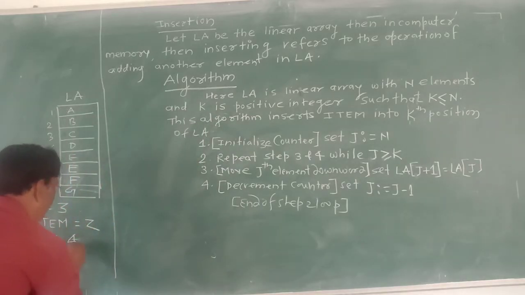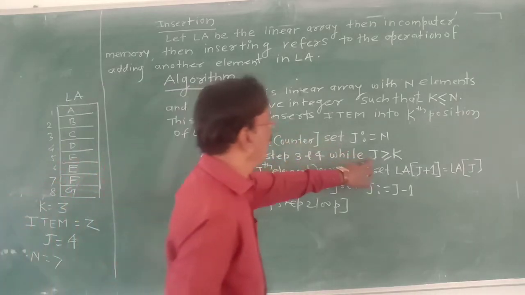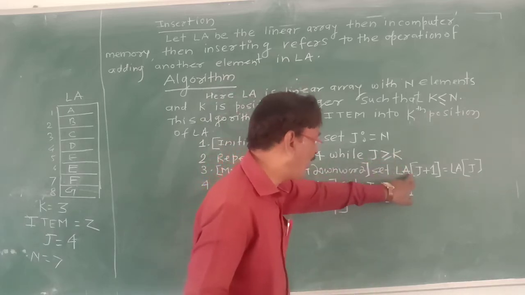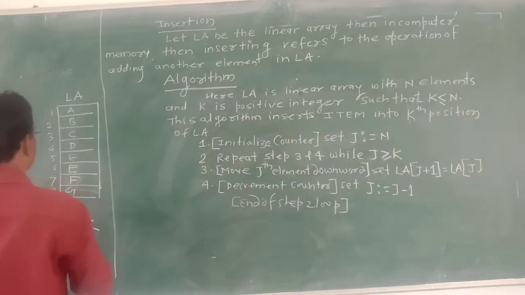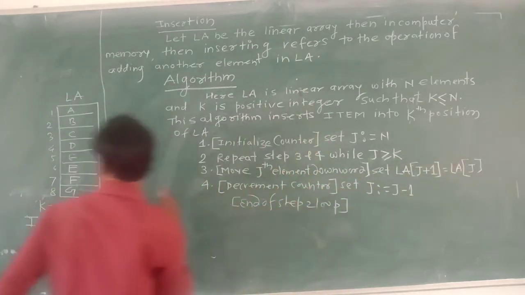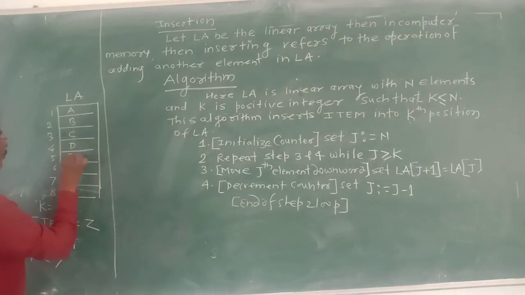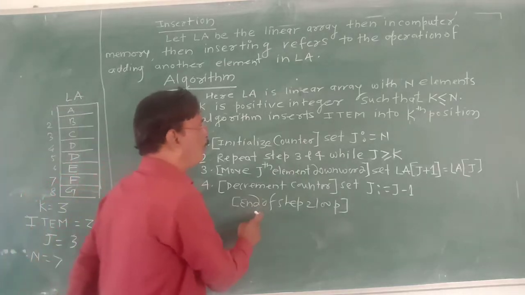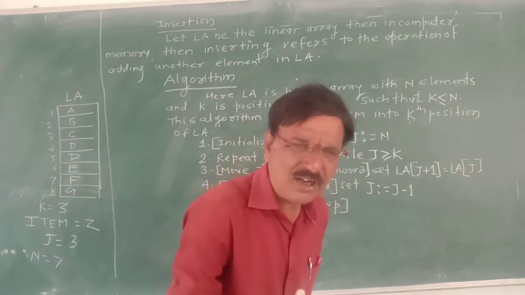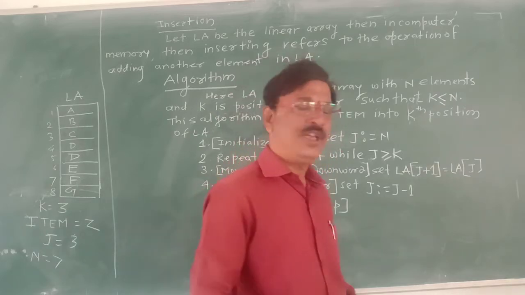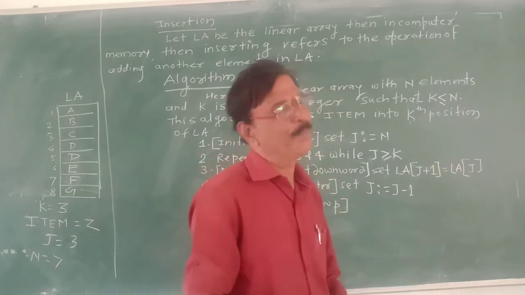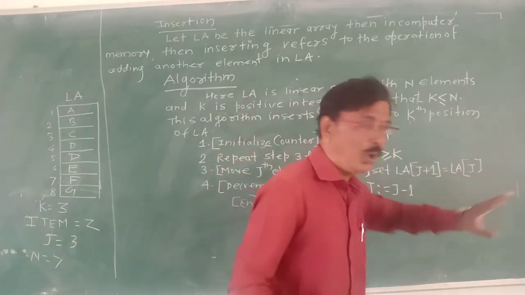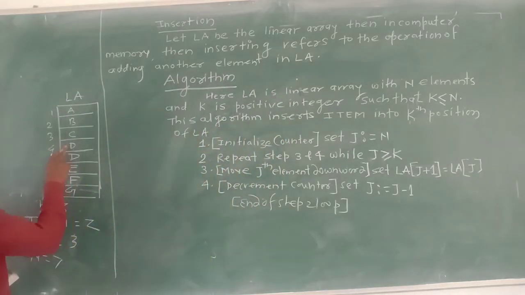J becomes 4, LA[5] should be LA[4]. J becomes 3, which is not greater than K but equal to K, so the condition is satisfied: LA[4] is equal to LA[3].